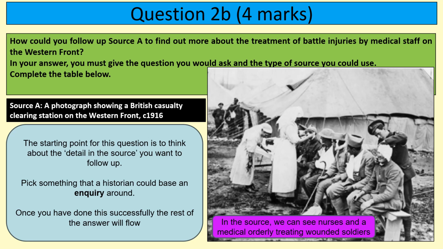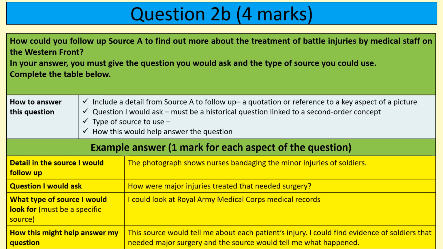You just need to think about a specific source. So you should have some good awareness of different types of sources from your learning in class. And then you need to think about how that source would actually help answer the question. The way that you answer this in the exam booklet is basically they are giving you almost like 4 mini questions, and basically you get 1 mark for each aspect of the question.